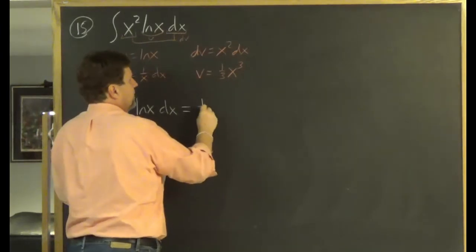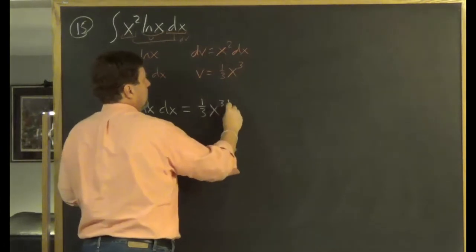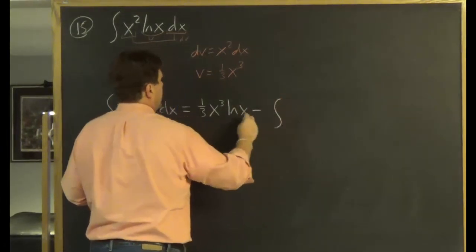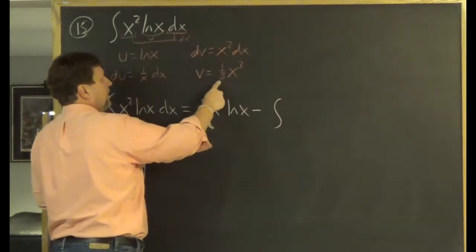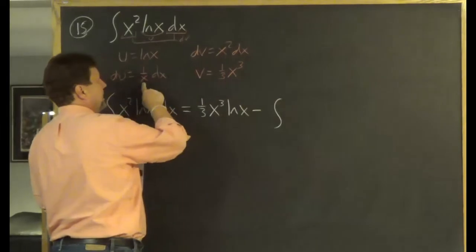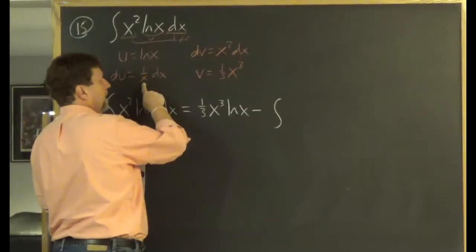I'm going to write that as 1/3 x cubed ln x minus the integral of v, that's 1/3 x cubed, times du, 1 over x dx.